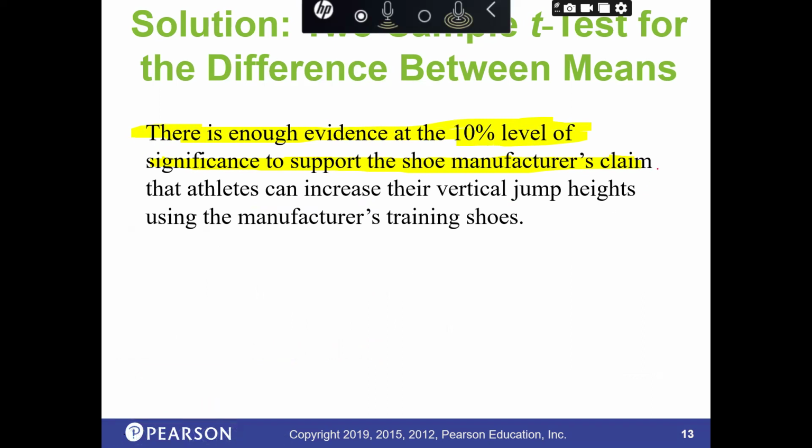It has been proven that this will guarantee an increase in your vertical jump by these shoes. Now, anybody seen an advertisement like that for baseball equipment or anything else like that?